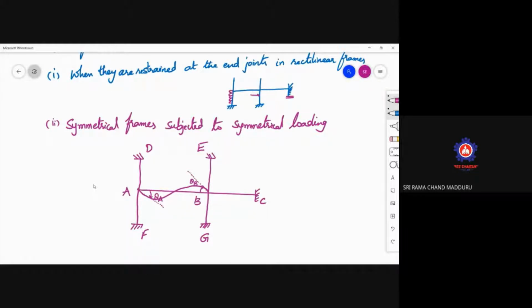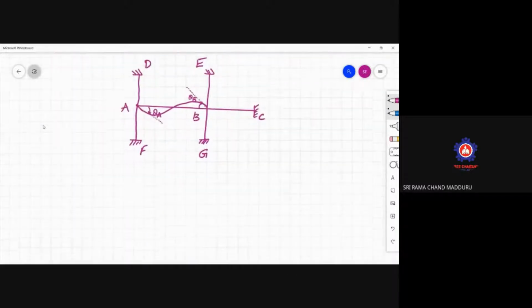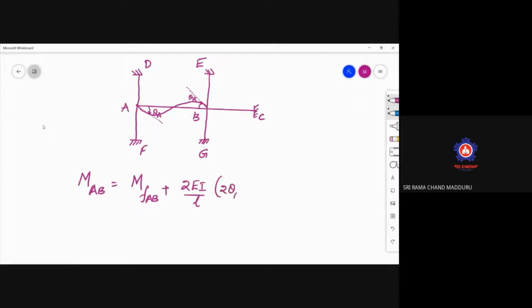Now, if I start writing the slope deflection equations, MAB is equal to MFAB plus 2EI by L into 2 theta A plus theta B. Here we are considering non-sway conditions, so delta is 0. The minus 3 delta by L term will be there, but delta will be considered as 0.